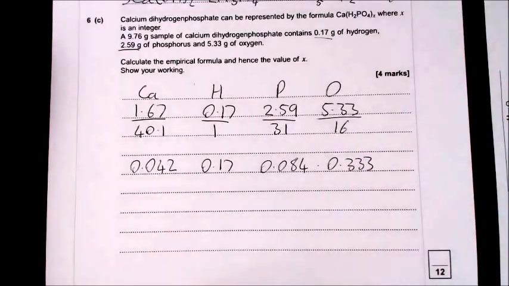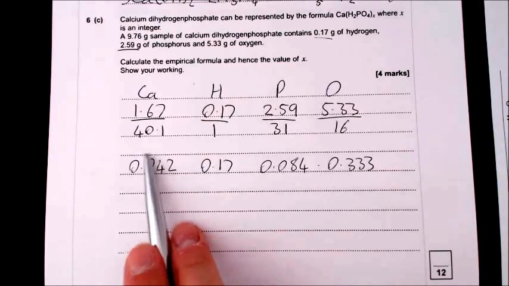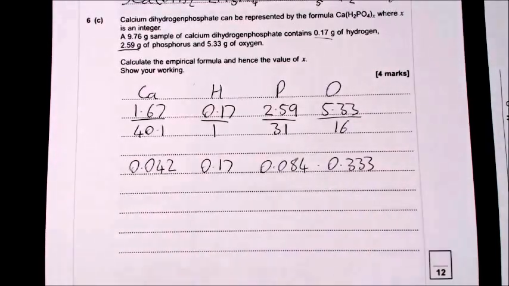We're keeping all this to 3 decimal places in this case. So once we've worked this out, this is effectively the number of moles, that's all we've worked out here.